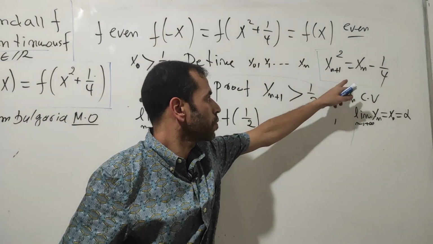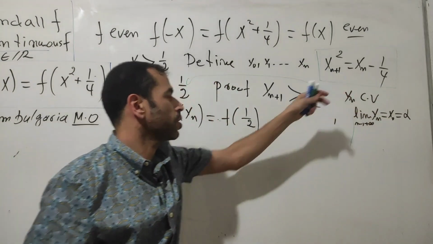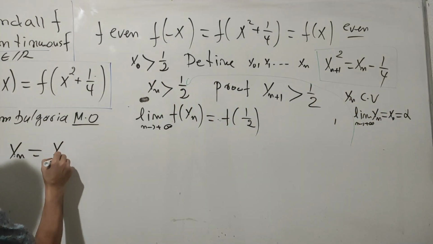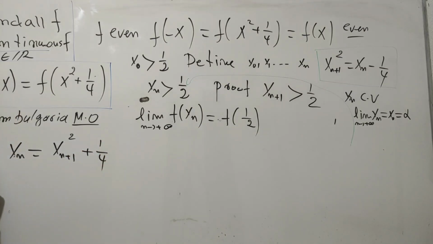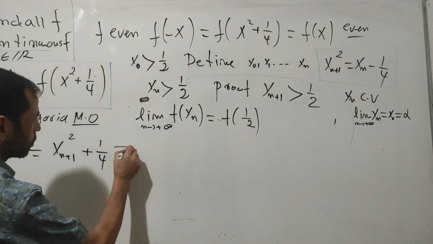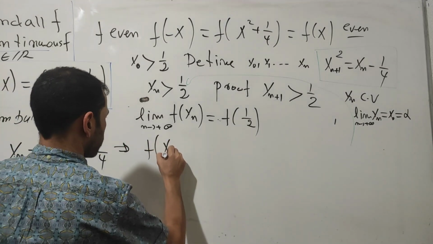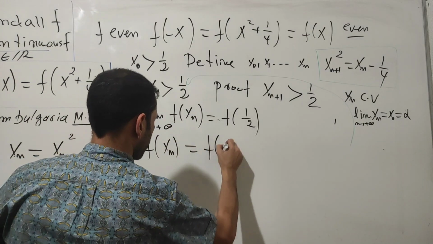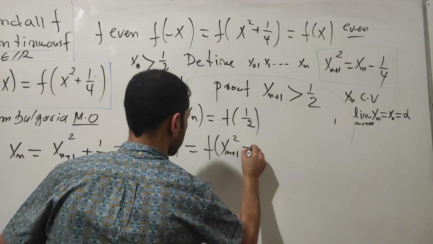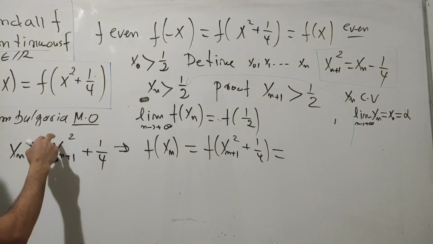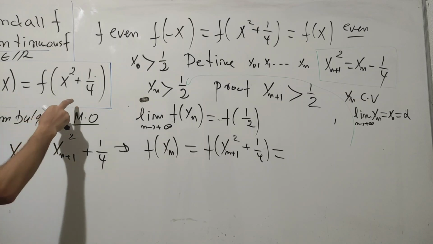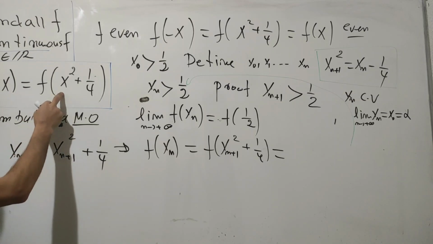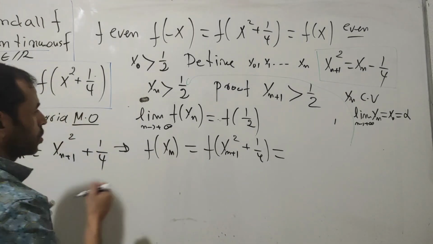Okay, by extraction, x sub n equals x sub n plus 1 squared plus 1 over 4. Let's apply f on both sides, since f is a continuous function. So we get f of x sub n equals f of x sub n plus 1 squared plus quarter, by using this fact I have previously seen as an original setup, replacing x with x sub n plus 1.